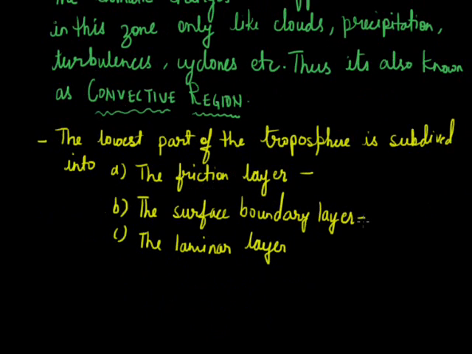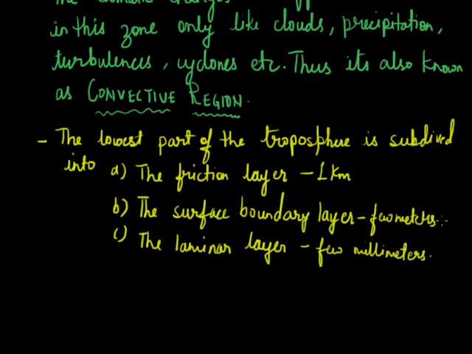The extent of the friction layer is around 1 kilometer from the surface. Then the surface boundary layer extends for a few meters, and the thinnest is the laminar layer, which only extends up to a few millimeters. The last two layers are not of much significance.